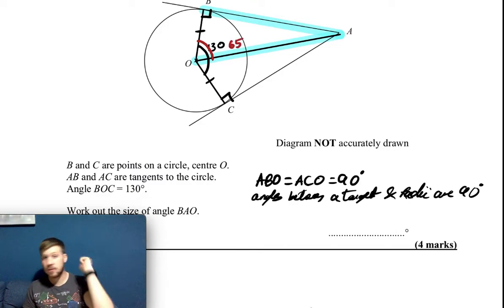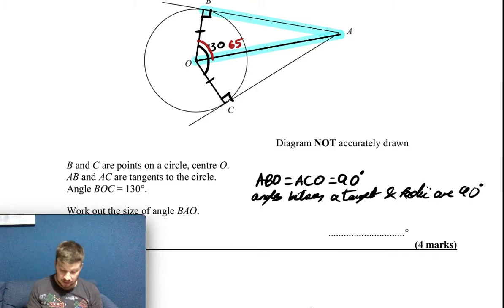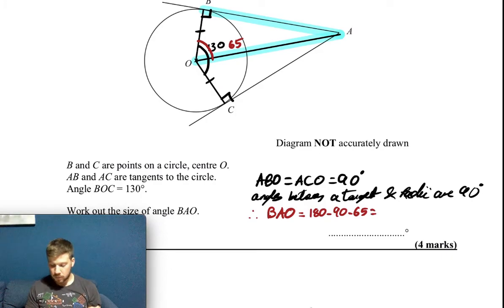I've got a triangle, I've got an angle of 90, I've got an angle of 65. Therefore, I know that BAO is going to be equal to 180 take away 90, take away 65, which should give me 25.